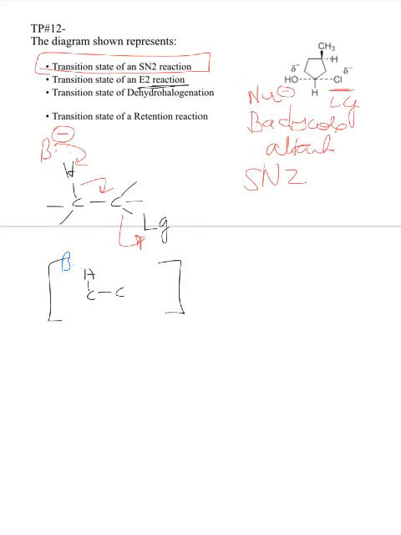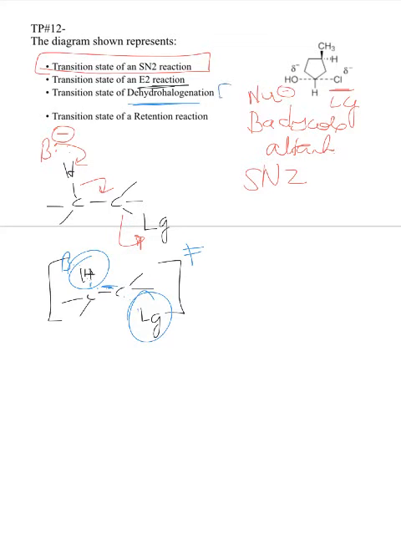So you would keep all your sigma bonds. Any bond that gets broken would get a dot. So this would be a dot here, a dot there, a dot there, and a dot there. So that would be more of a transition state for an E2.